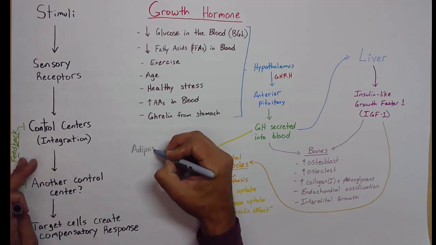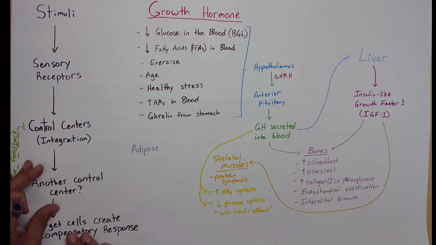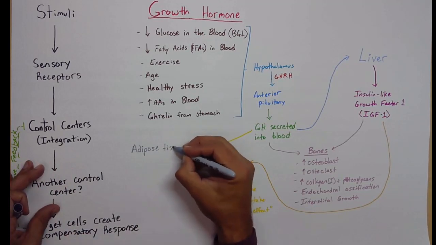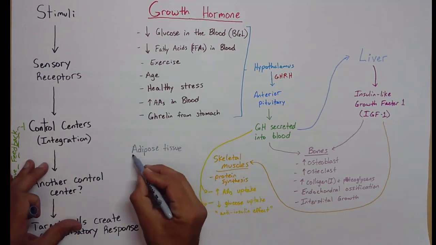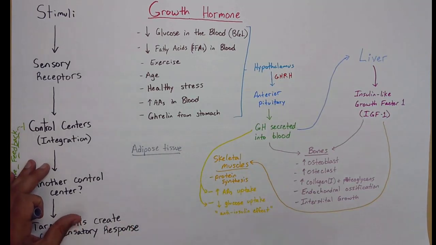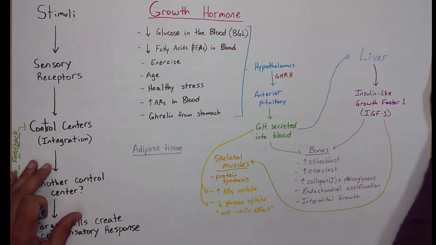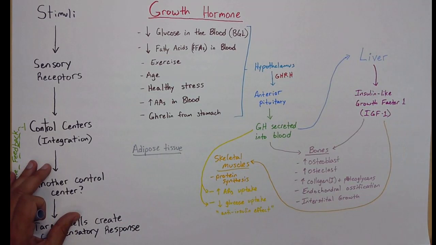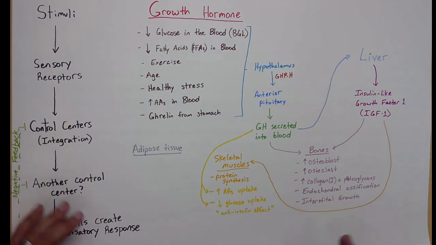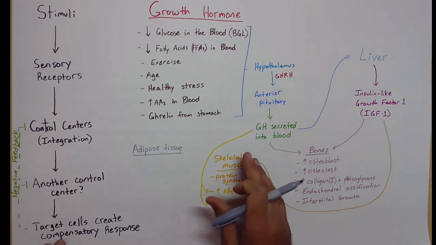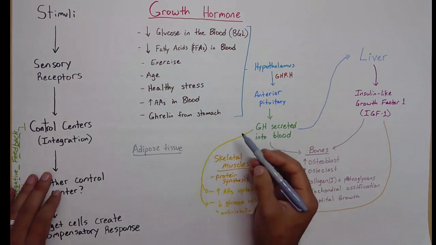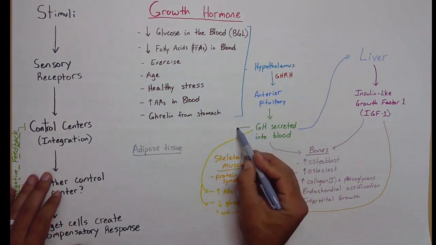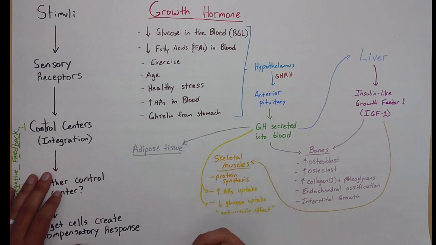This is going to be a target cell. Fat cells. And what ends up happening is primarily the growth hormone is going to be acting on here. So this growth hormone is going to go down to these fatty tissues.